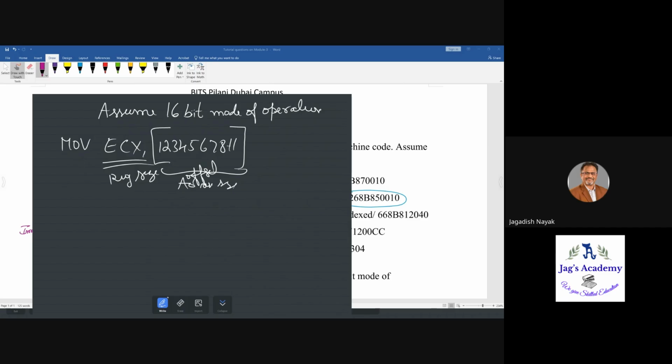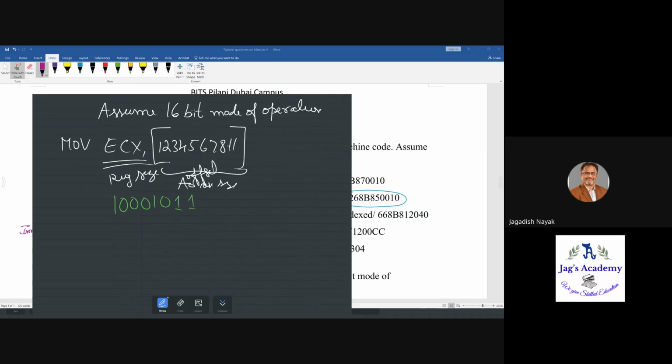Now, can you convert this into a machine instruction? Quick. You can do that. It's very easy. What is the opcode? 100010. Okay, can you do it? What is the D bit? And this is the example of direct addressing mode, right? What is the D bit? 1.